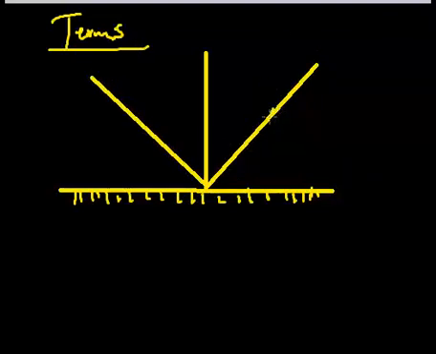The angle of incidence is simply the angle that the incidence ray makes with the normal. This is the normal. A normal is a line drawn perpendicular to the surface.